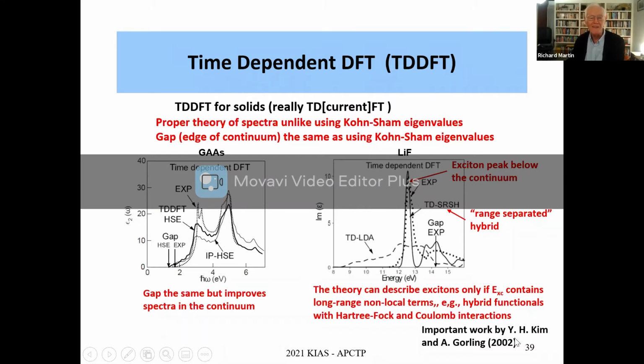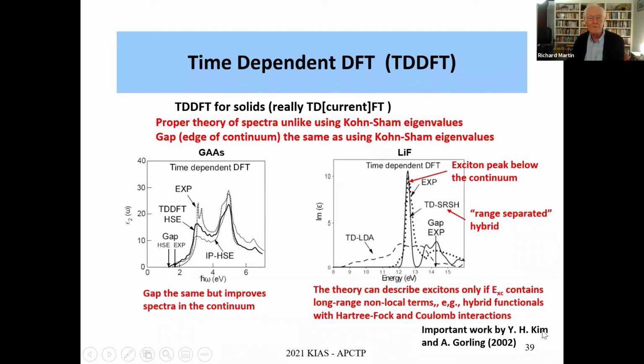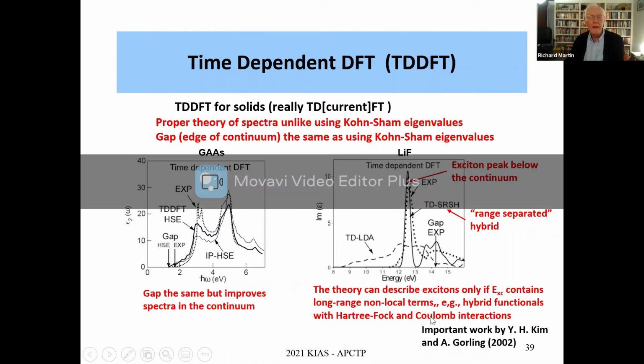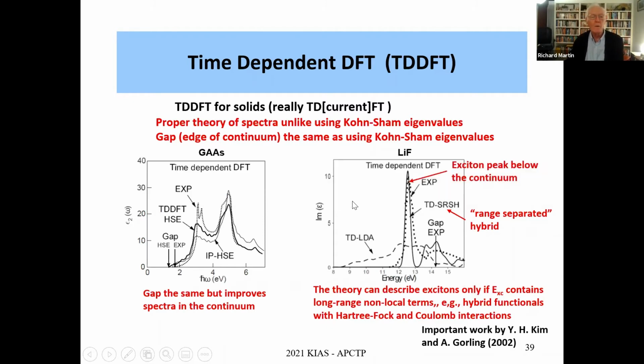I'd like to point out that there was some early work that showed the direction for this by Young Kim and Andreas Gerling in 2002, and by other people too, of course. But now it's become something that's much more useful, and people know how to fold it in with the other ways that they're doing calculations with density functionals.